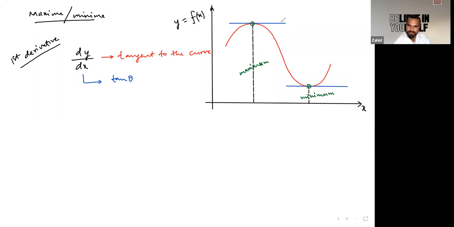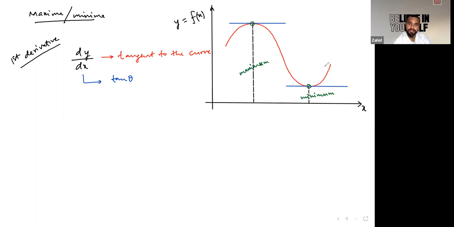So we can say this line is parallel to this, so the inclination of this line with respect to the x-axis would be 0, or theta is 0, so tan theta would be 0. Similarly, this line is also parallel, so its inclination with respect to the x-axis would be 0. This point is the maximum or highest point, and this is the minimum or lowest point.